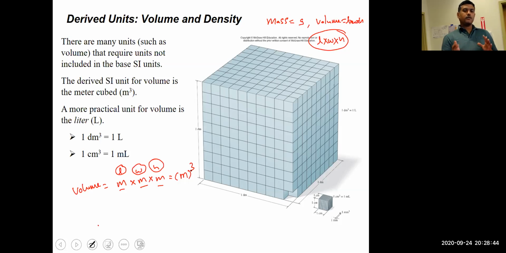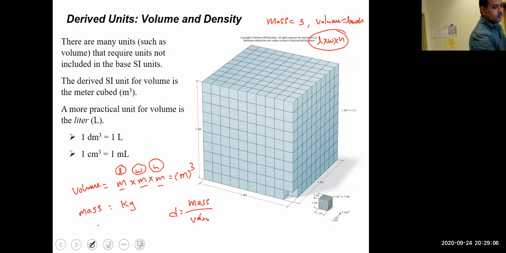Okay. So to keep them in the same magnitude, since you were using meters, the mass would be in kilograms, because it's the same magnitude for mass. So to get the density, you can say density is mass over volume, so kilogram over meter cubed.